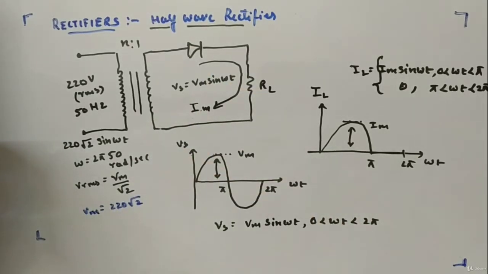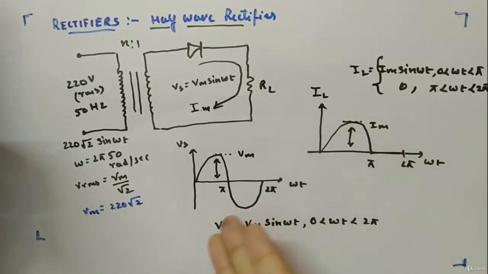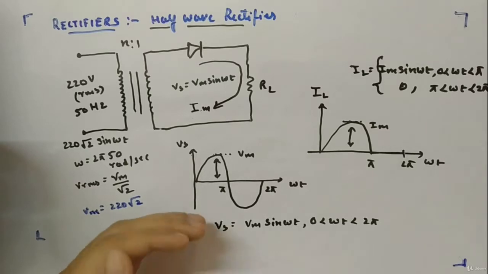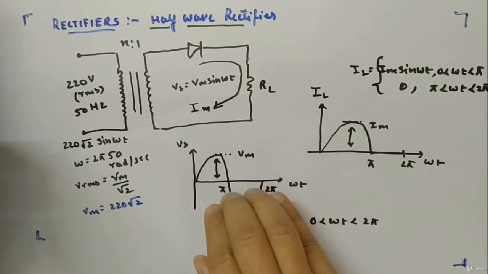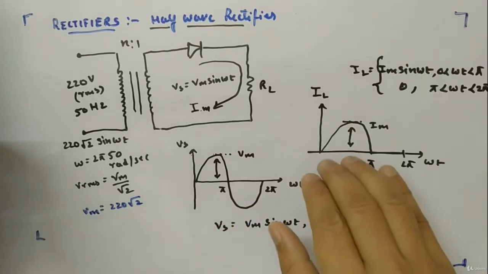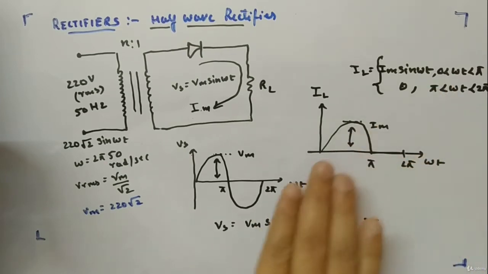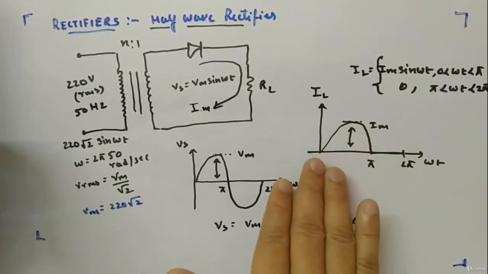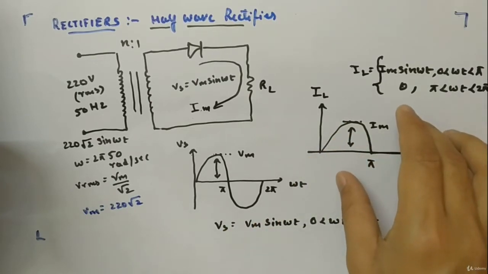So this is what you will get at the output, and this is what you are applying here as the input. You can see the difference: the negative half cycle is clipped off in the current, and we only have a half cycle curve at the output of the rectifier.